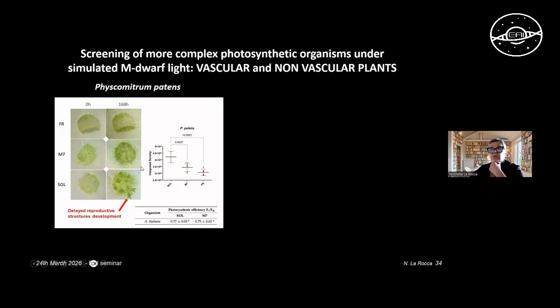And it was also interesting to observe that under M-dwarf light with respect to solar light, delayed reproductive structure development was observed, even if the photosynthetic activity was similar in the tissue under the two different light spectra.